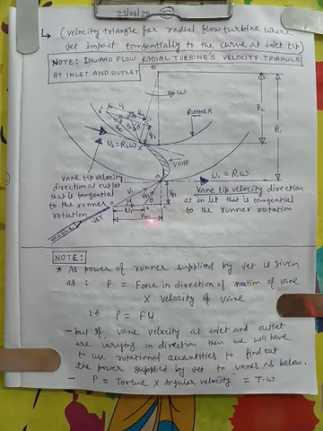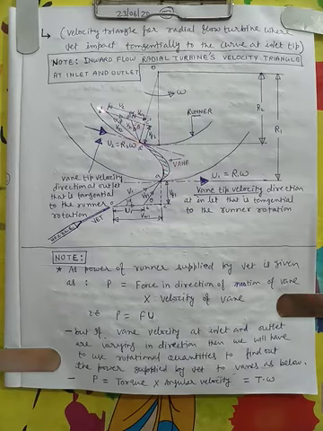And here at outlet, this is VW2. The direction of VW1 is trying to rotate this point anti-clockwise. So VW1 is along this direction. So this will try to rotate the runner in this direction.